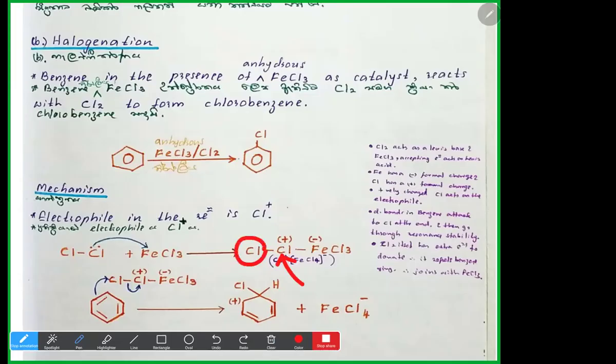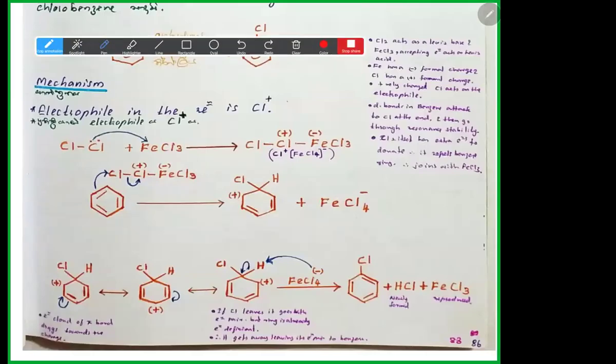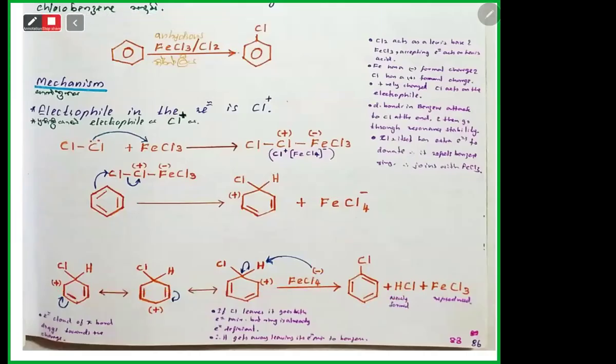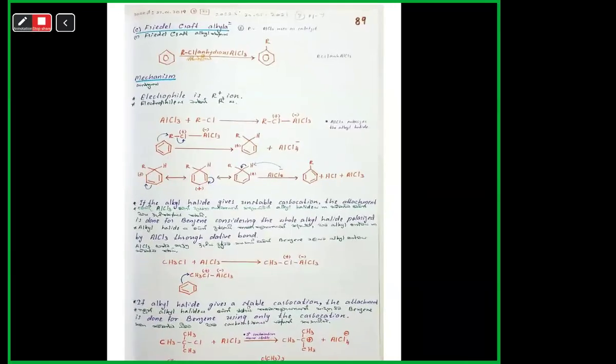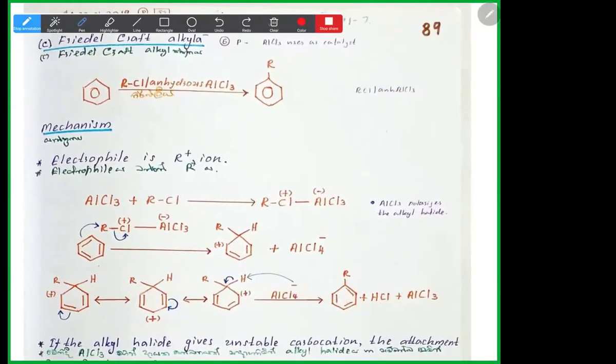So this chlorine is joining here onto benzene. And then going through the resonance stability, you are making chlorobenzene. I guess okay so far. Be really alert so you don't have to listen to this again once you go home, if you are really alert.